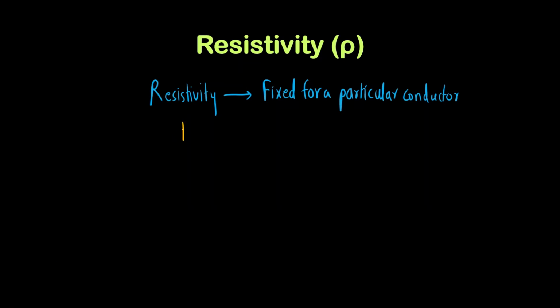Resistivity, if we see, is directly proportional to the length of the wire, let's say L, and inversely proportional to the area of cross section. If there is more area, then more current can flow, and if more current can flow, then resistance will be less.